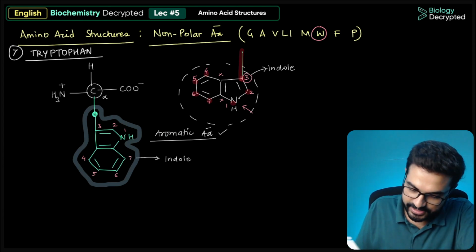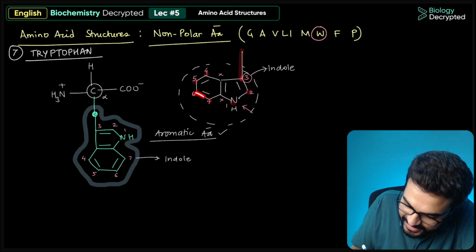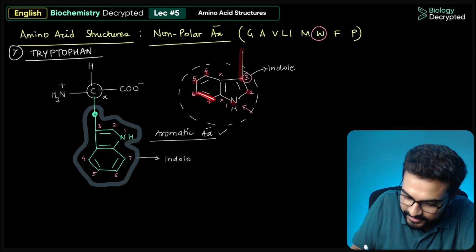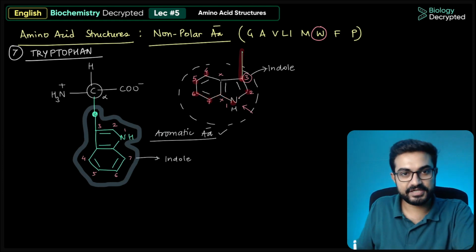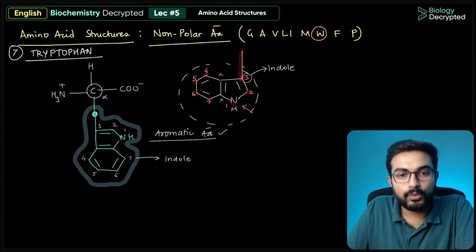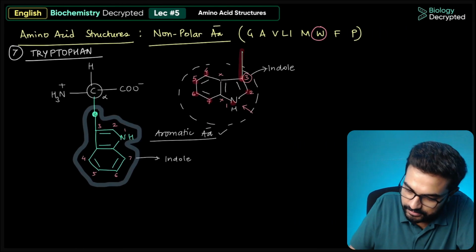I'll try to give you a hint. This is where you can see a W-like structure. If you look at the base carefully, this is a W-like structure, and this is the 1-letter code. This is one way of remembering it. This is the structure of tryptophan.